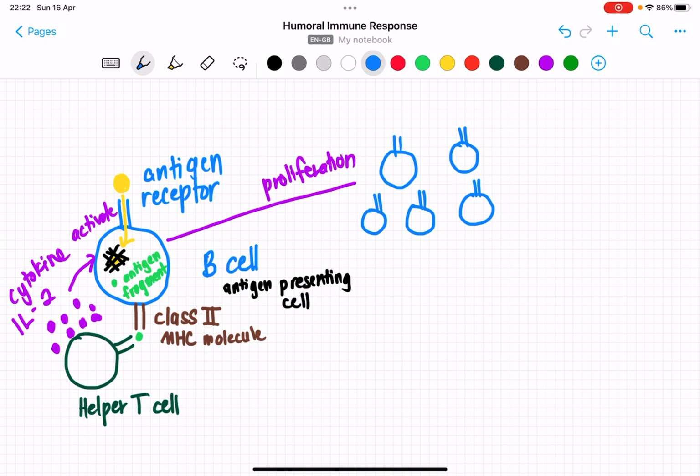And also the activated B cell will undergo another process that is known as differentiation.